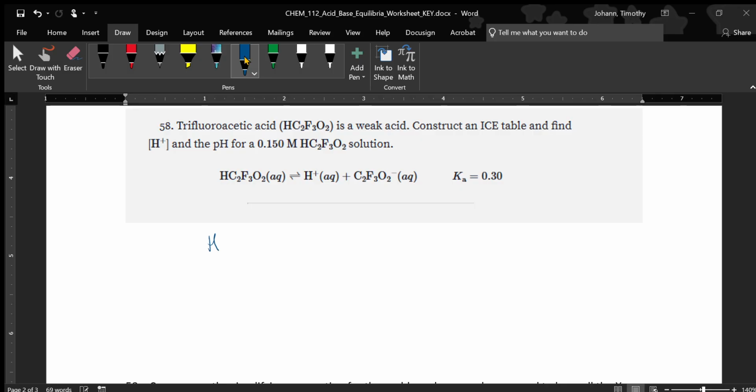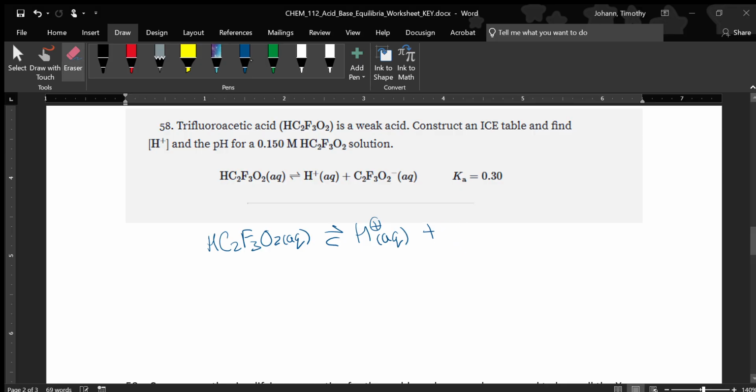So I've got trifluoroacetic acid, right? And that's going to react to make H plus. I'm just rewriting, but I'm about to do my ice table underneath it, plus C2F3O2 minus.